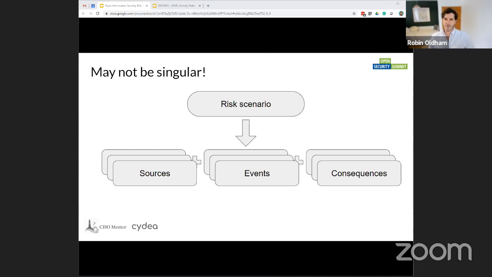The event might be a combination of ransomware and an information breach, where nowadays not only are they encrypting your data, but they're also taking copies before they do the encryption. And then the consequences of that action would be business disruption. You may end up with regulatory fines as a result of losing personal data, for example. So you can have multiples of each of these chained together to form a certain scenario.